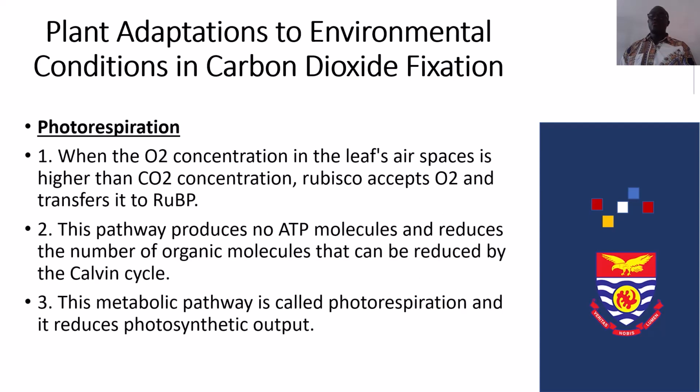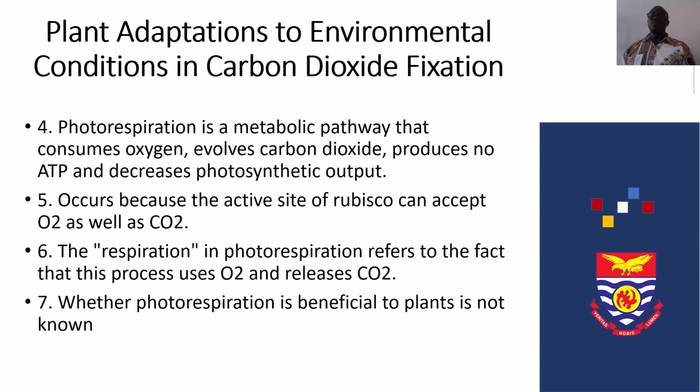So, photorespiration. When the oxygen concentration in the leaf's air spaces is higher than carbon dioxide concentration, rubisco accepts oxygen and transfers it to RuBP. This pathway produces no ATP molecules and reduces the number of organic molecules that can be reduced by the Calvin cycle. This metabolic pathway is called photorespiration and it reduces photosynthetic output.